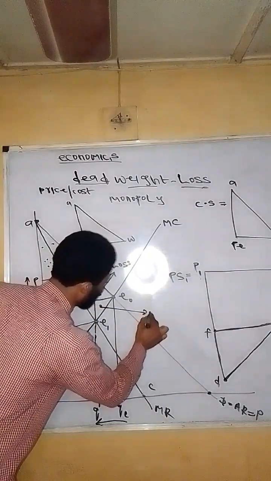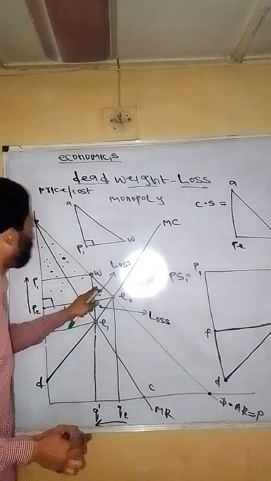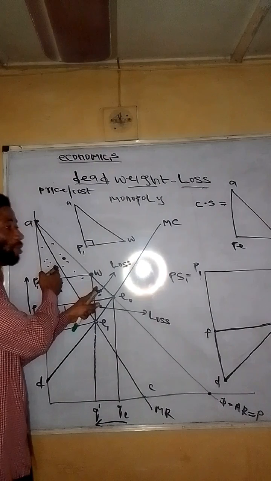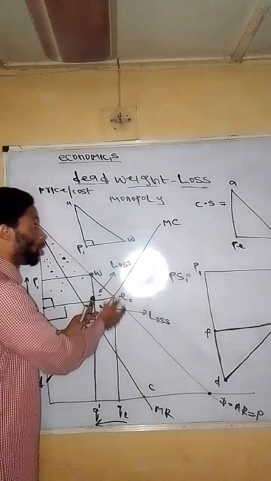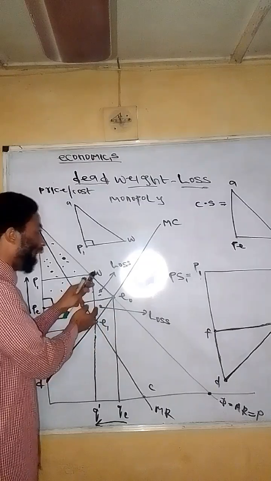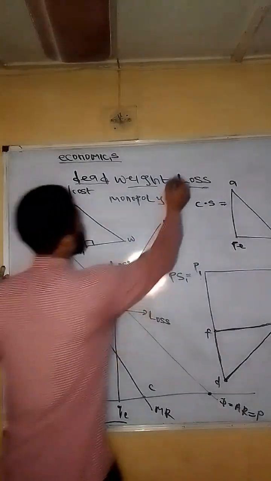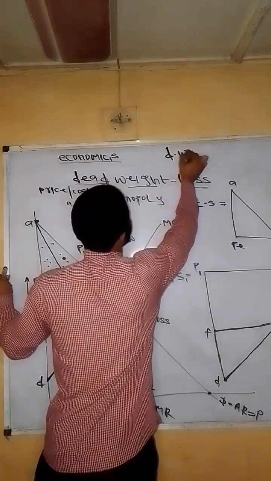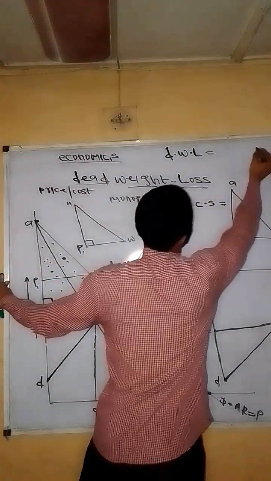So the loss that the consumer has sustained because the market has been monopolized, and the loss that the producer has sustained, if you add the two losses together, will metamorphose into what is known as a deadweight loss. So our deadweight loss, DWL, is the area of this triangle that you can see now.